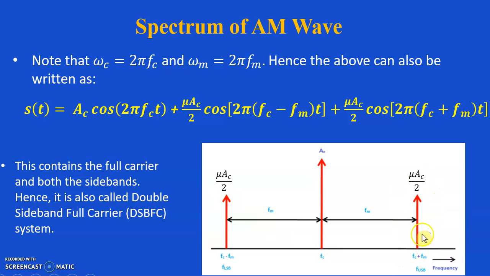So this represents the upper side band, this represents the lower side band, and this component represents the pure or the unmodulated carrier.